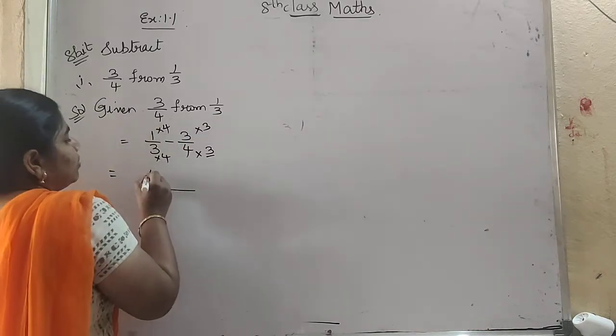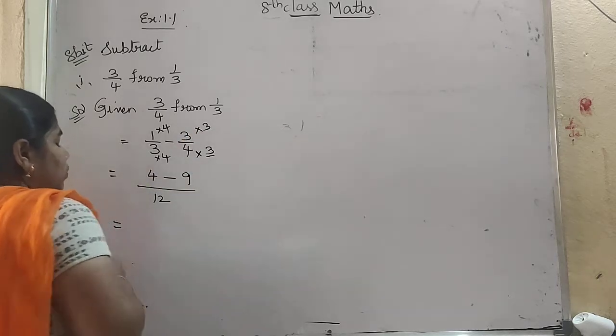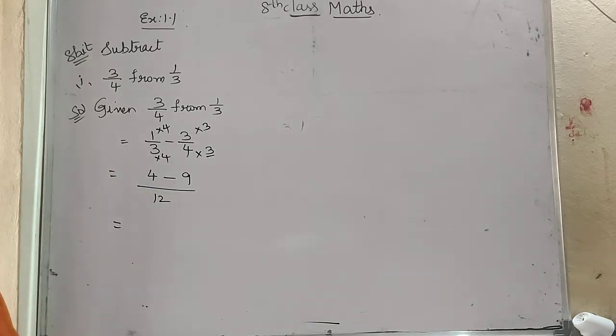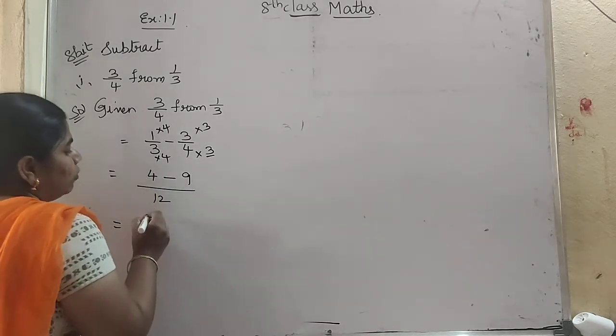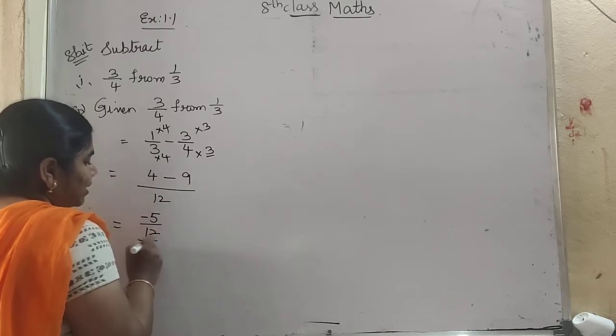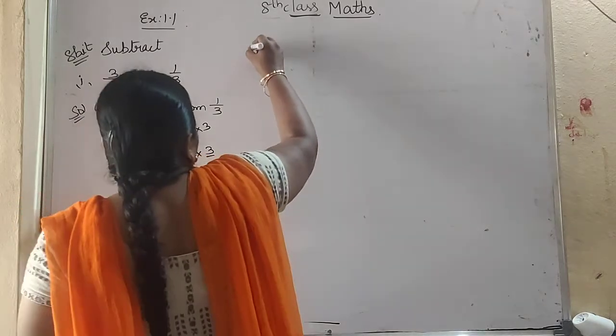So 1 4 times is 4 minus 3 3 times is 9. So we are subtracting from a smaller to a bigger number, so the result will be negative. 9 minus 4 is 5, and the bigger number's sign is minus. So we got the answer as minus 5 by 12. So next one.